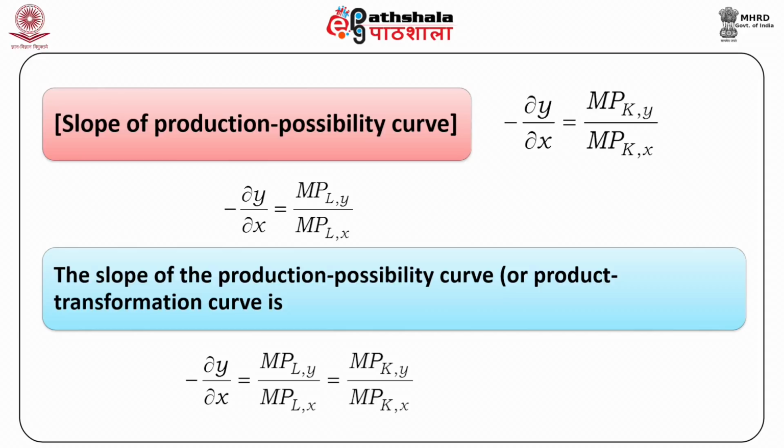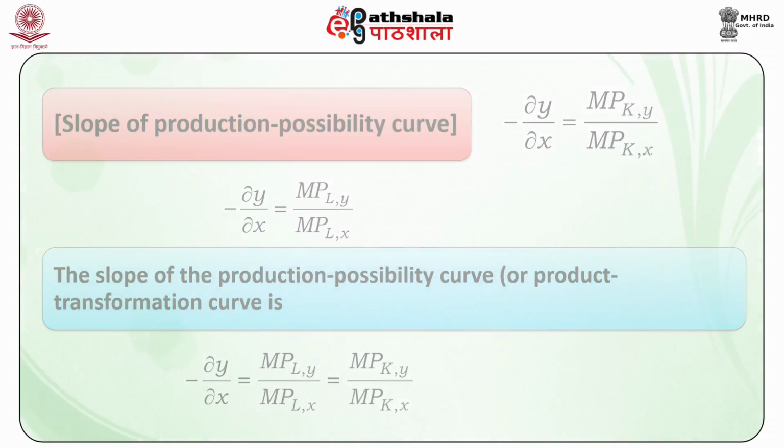The slope therefore of the production possibility curve, which is the product transformation curve, can be simplified as minus of del y upon del x, which is equal to marginal product of labor in production of y divided by marginal product of labor in production of x, which is exactly equal to the marginal product of capital in production of y divided by the marginal product of capital in production of x.